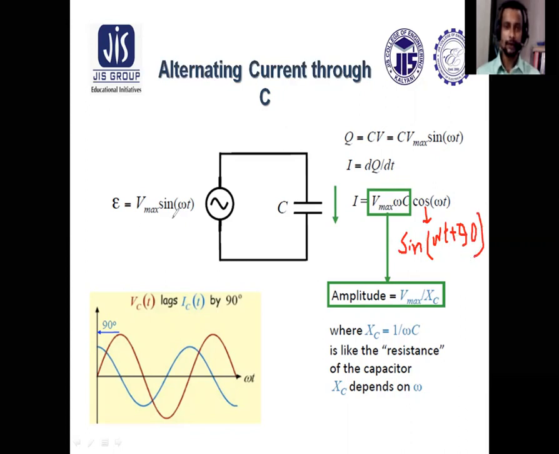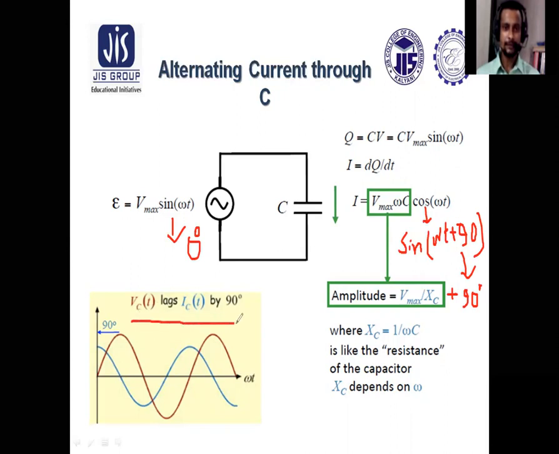So here the phase angle is 0 degree. Here the phase angle is plus 90 degree. Okay. So what can we conclude here? VC, which one is leading? Current is leading. So VC is lagging.